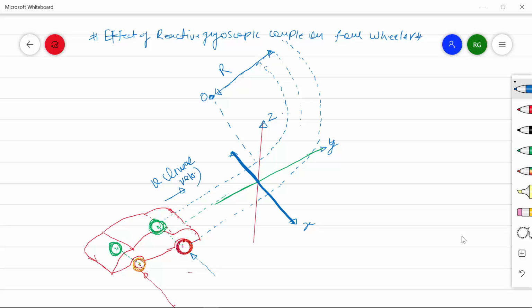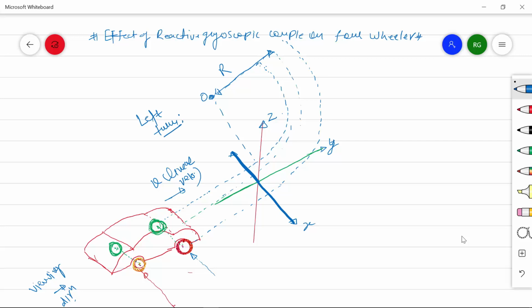And if we are viewing from the rear side, if we view from this side, this is the viewing direction, then this car is taking a left turn. So this is the condition.